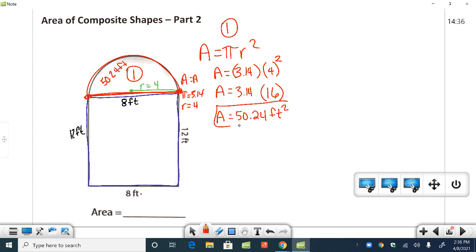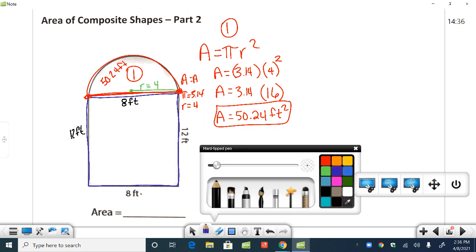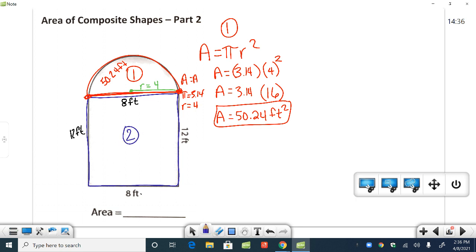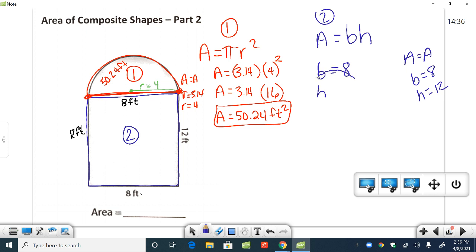That is what shape number 1 is. That's the area for that one. All right, shape number 2 is a parallelogram, and so we know to find the area of that, we take the base times the height. I didn't give you the area. The base is 8, height is 12.